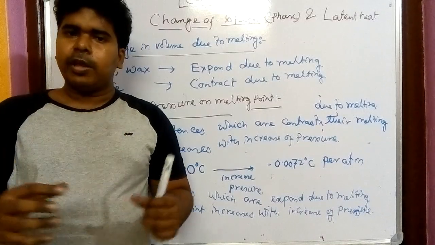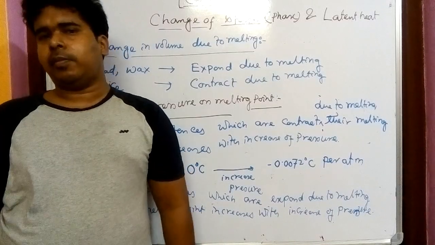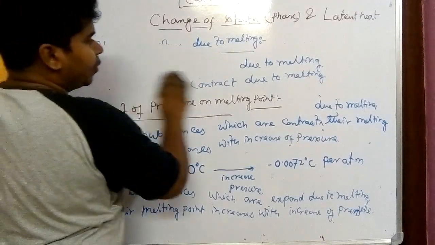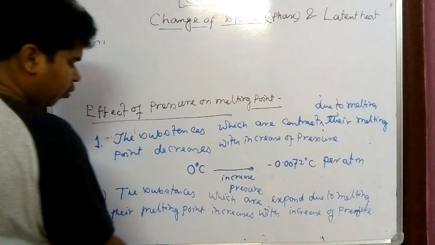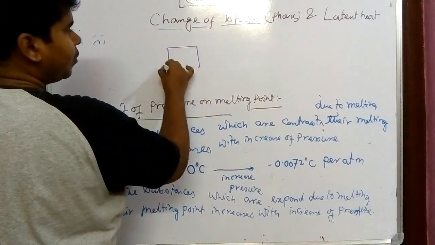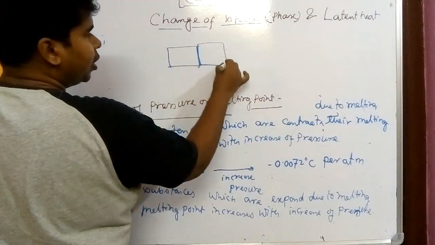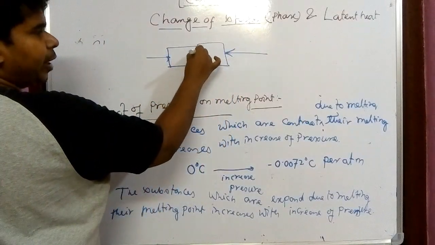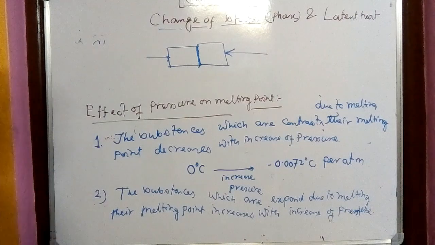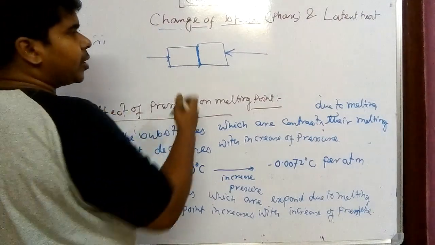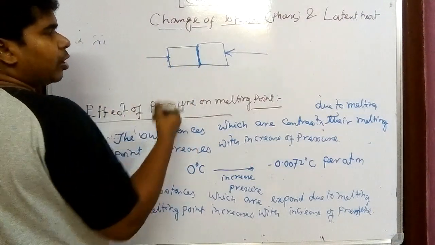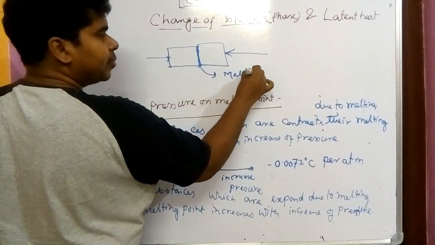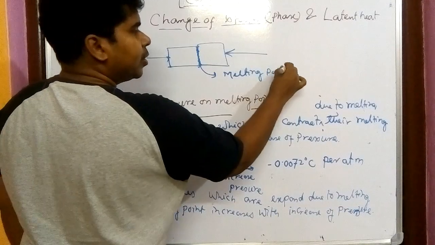Take two ice cubes and apply pressure on them. What will happen in that case? When you apply pressure, the pressure is applied at this point. As the pressure is applied here, the melting point decreases.